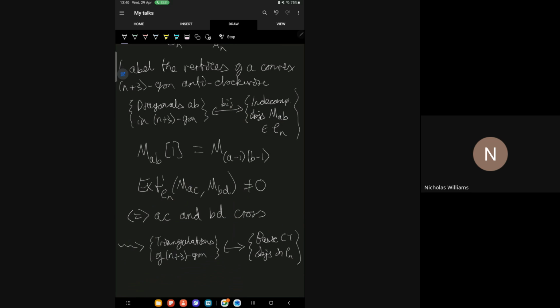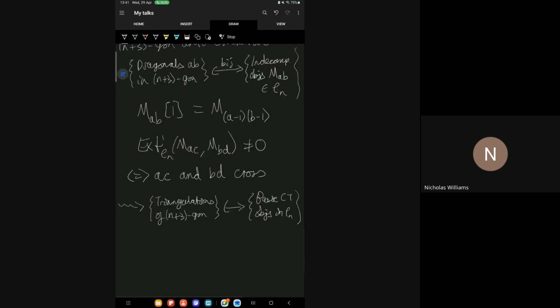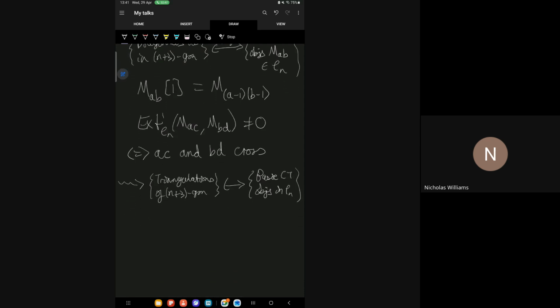So we get that a basic cluster tilting object corresponds to a set of n non-crossing diagonals by definition of cluster tilting object, and then that precisely gives us a triangulation. Okay, so let me sort of give you an explicit example of the cluster category for A2, so you can see a bit more what it looks like.